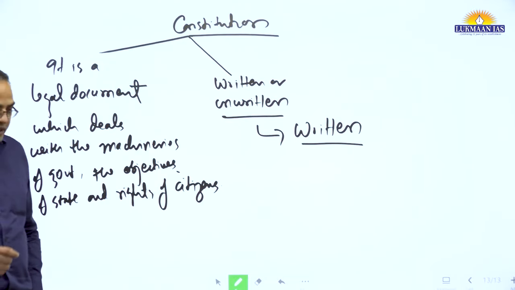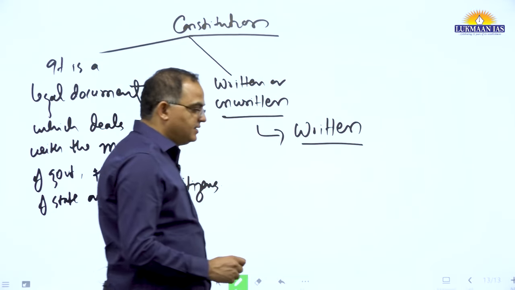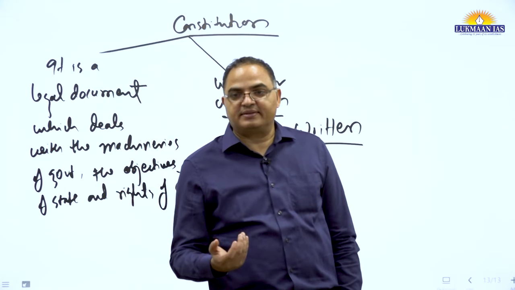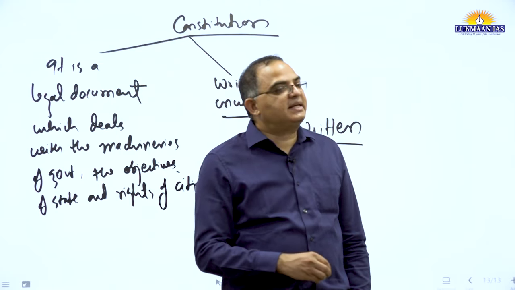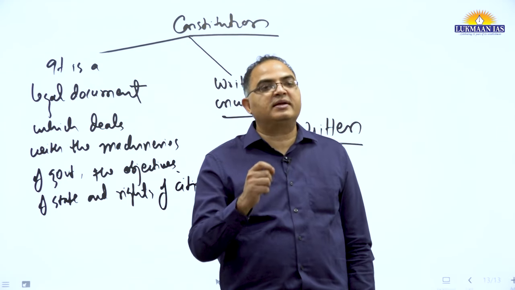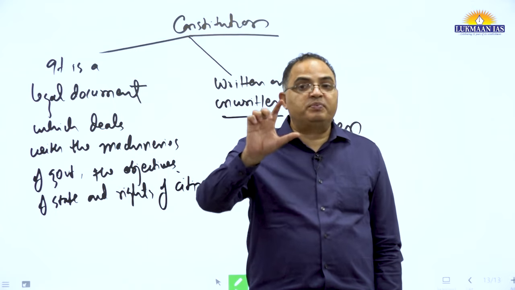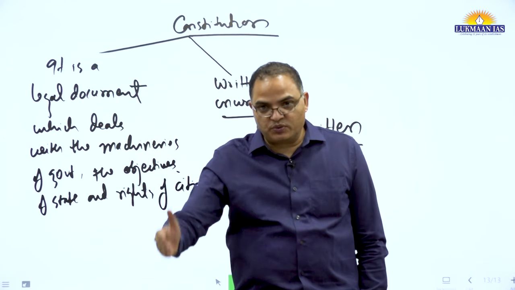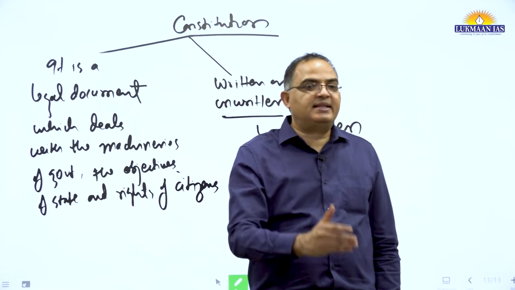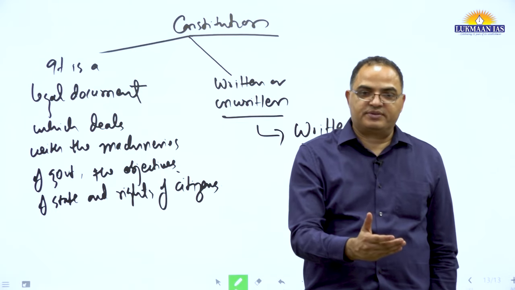A constitution is written generally by an institution known as a Constituent Assembly, or you can say anything, its name. Means there is an institution or a set of people who sit together, deliberate, and then write a constitution.